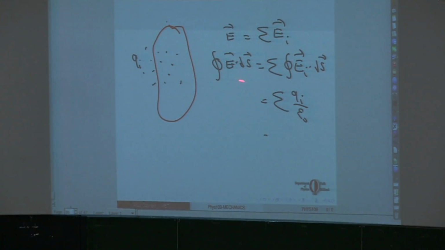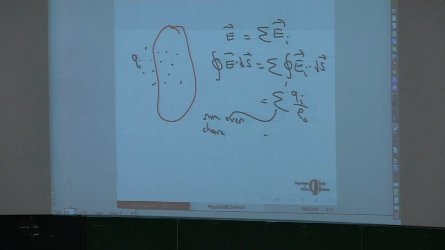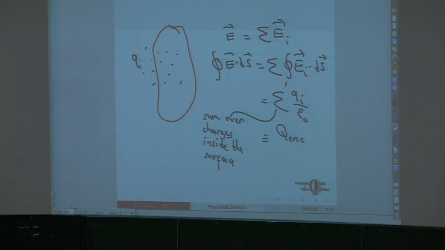Now, we had already seen that if my charge is inside, the total flux it creates is Q/ε0. Let me put a prime over there, meaning that I am summing only charges inside my surface. And we can just write this as the total charge enclosed by my surface divided by ε0.